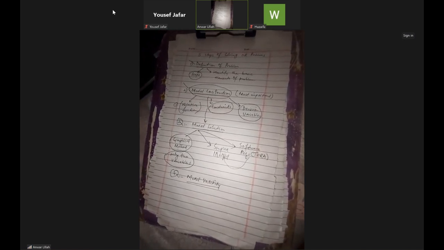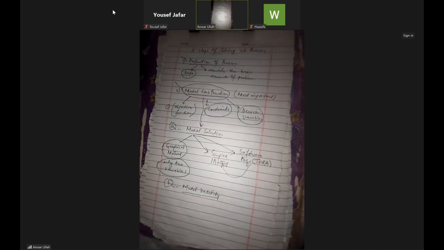The model validation is done by several methods, and it is done using the results of it. For example, in the results we put some values, and we see that either it is complying or it is not complying.